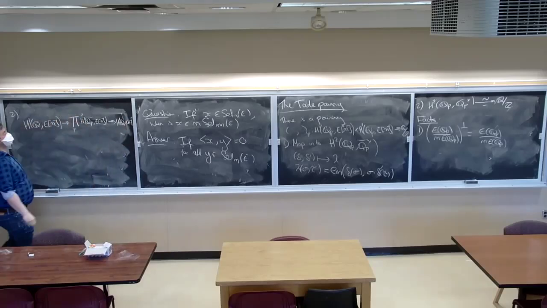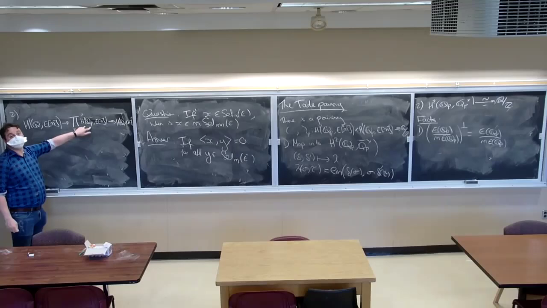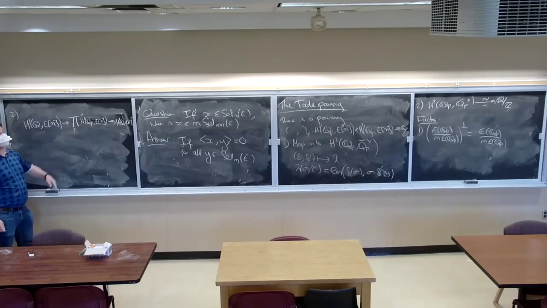So what does this restricted product mean? It means that for all but finitely many primes p, the element has to live in the unramified part of this cohomology. So this is some collection of local cohomology classes, all but finitely many of which are unramified.